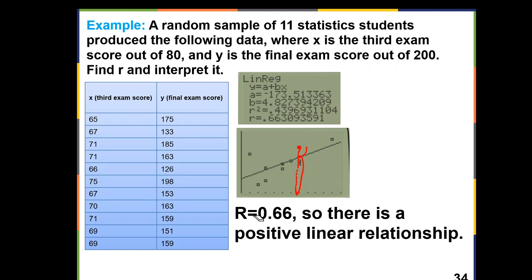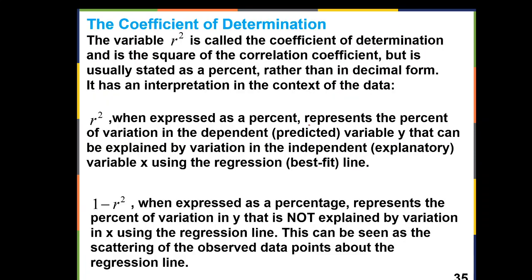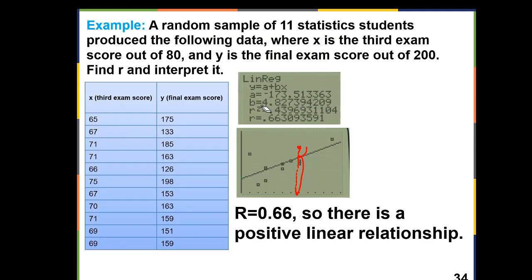So if we take this R and square it, we get the coefficient of determination. So if I take this R and do R squared, this number is the coefficient of determination. What does that mean? Well, we have to convert it to percent.